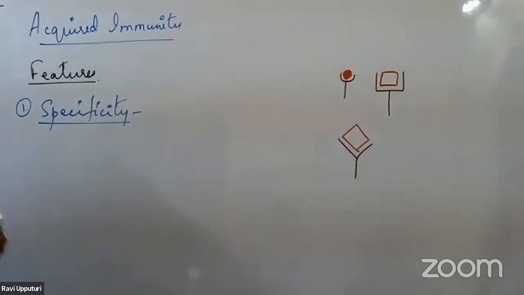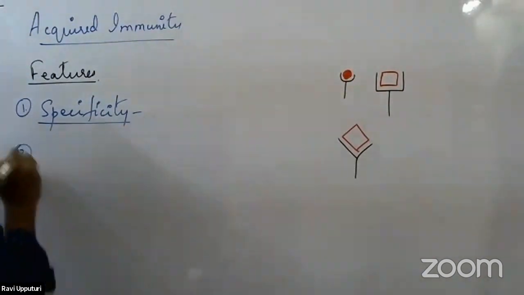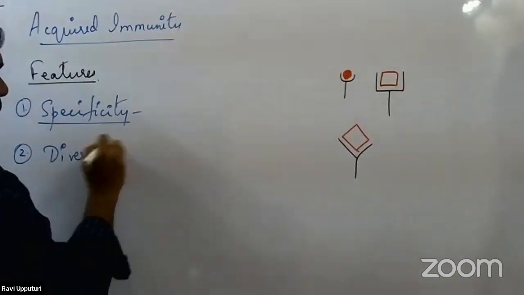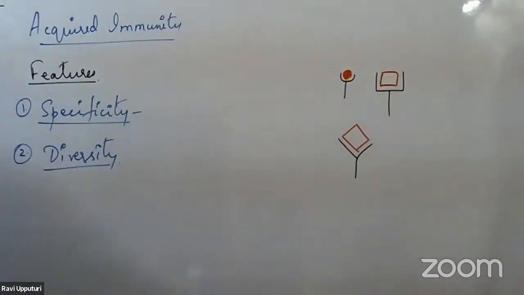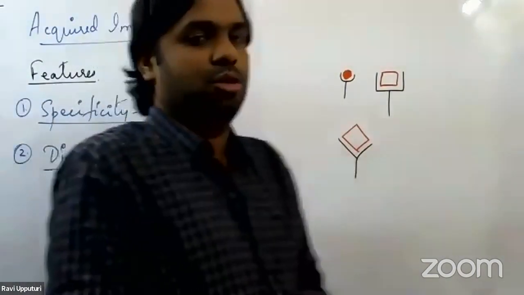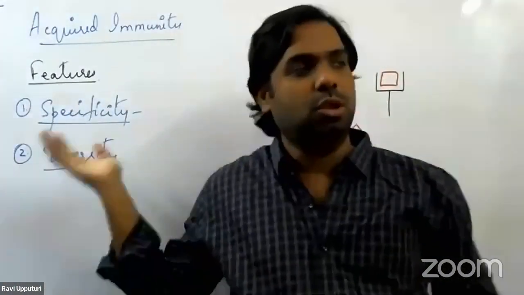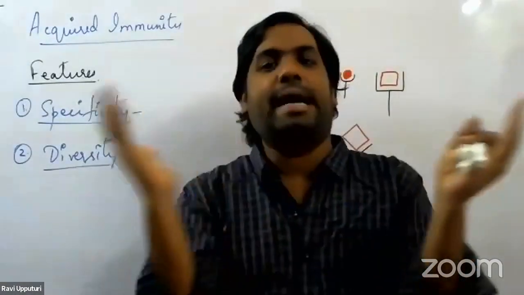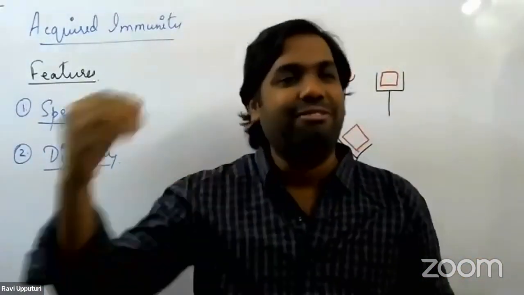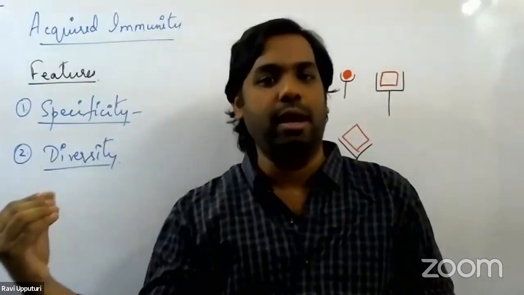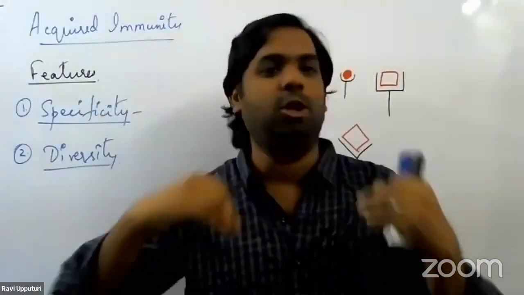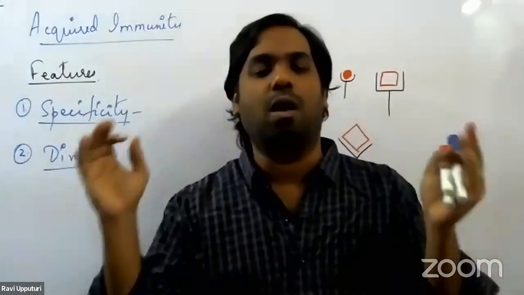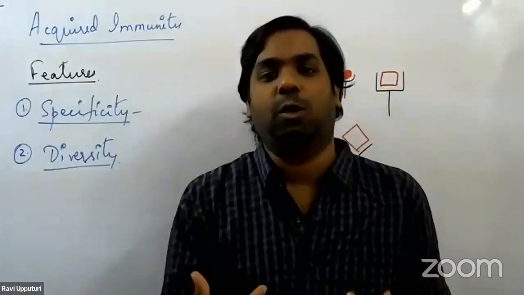Talking about the second one. Another prominent feature of the acquired immune system is diversity. So what do we mean by diversity? This sort of immune system has the ability to identify diverse pathogens. So different types of pathogens, right? They have the ability to identify a huge variety of pathogens or foreign particles that have entered into the body.